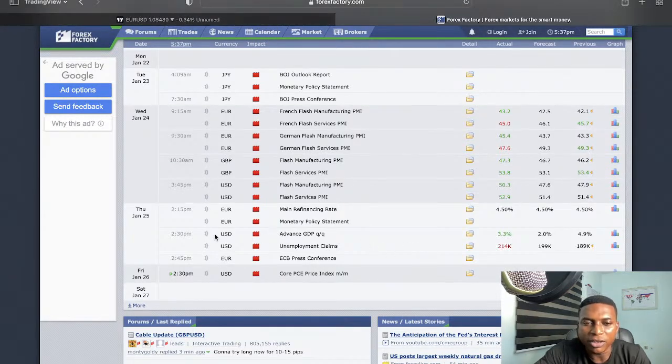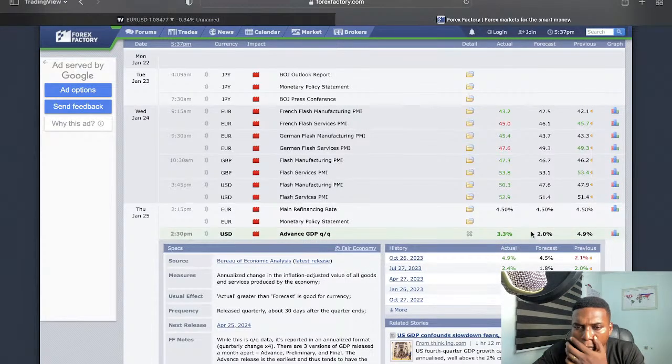However, you can see that the news on advanced GDP was positive, coming out at 3.3%. This measures the change in the inflation adjusted value of all goods and services produced by the economy.